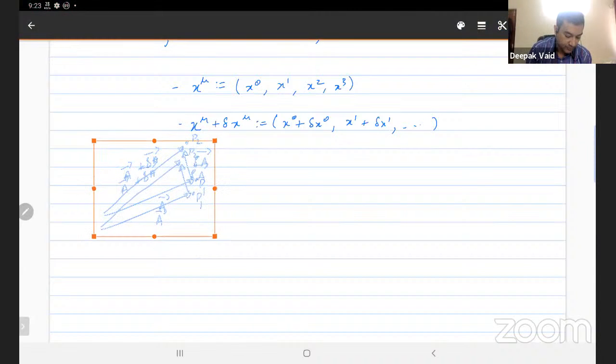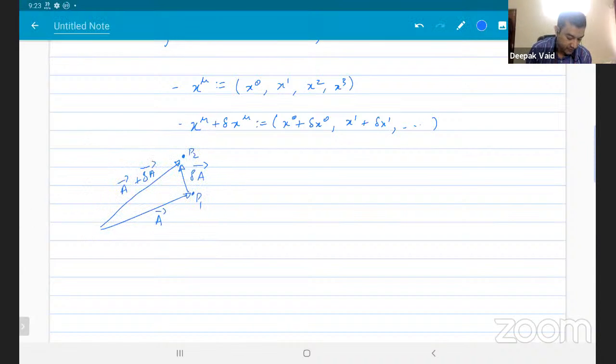The distance would be just the length of this vector delta A, right? And this length would be given by the square root of delta A_i delta A_i, using the summation convention.